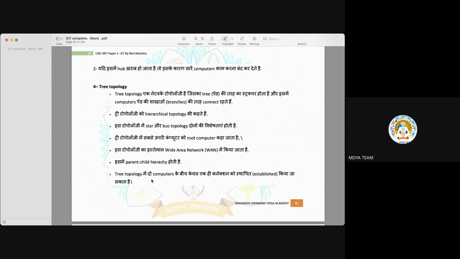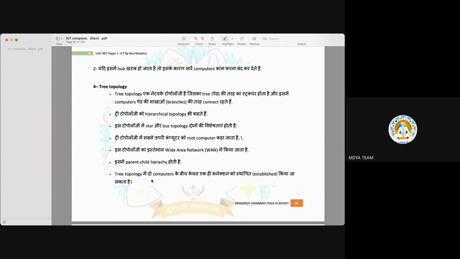And in this tree topology, it has some advantages of star topology and bus topology, some characteristics of both topologies. So the first computer, the primary computer, is called the root computer, through which the various computers are connected, or you can say the various networks get connected.